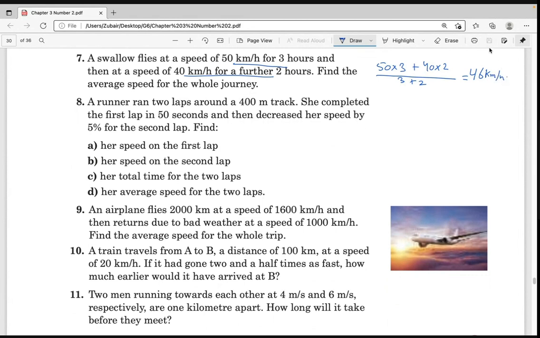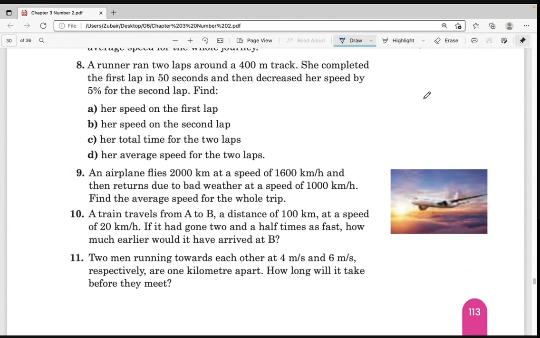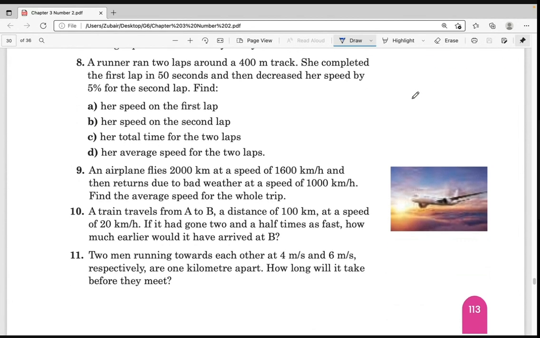Average speed. Number 8. A runner ran 2 laps and she completed the first lap in 50 seconds and then decreases her speed by 5% for the second lap. Find her speed on the first lap.